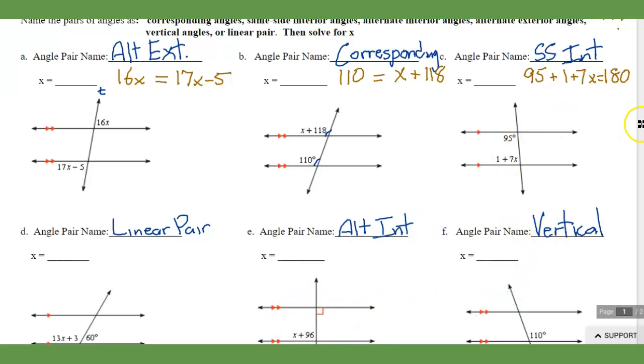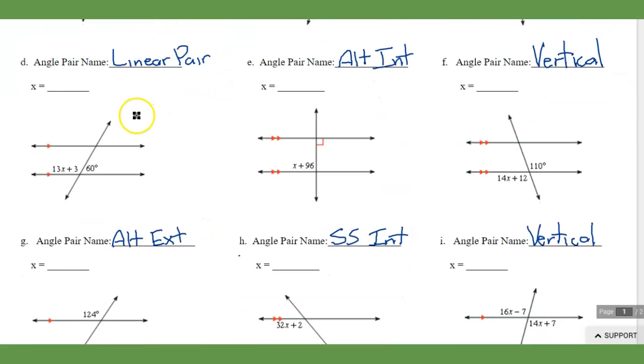Keep on going. Linear pair also add up to 180. We have 13x plus 3 plus 60 equals 180. Alternate interior are congruent. So we have x plus 96, and what does this mark here mean? 90 equals 90. There we go.